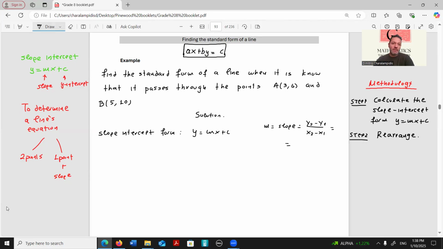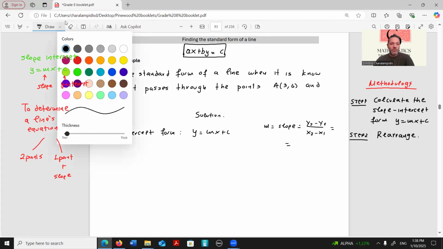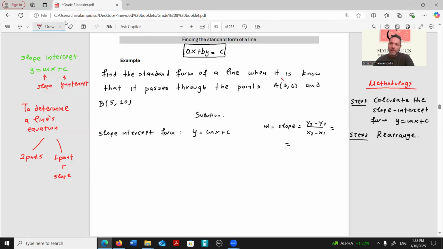In our case, y2 minus y1 is 10 minus 6 over 5 minus 3. It's 4 over 2, which is equal to 2, which means that so far we have the form y equals 2x plus c.